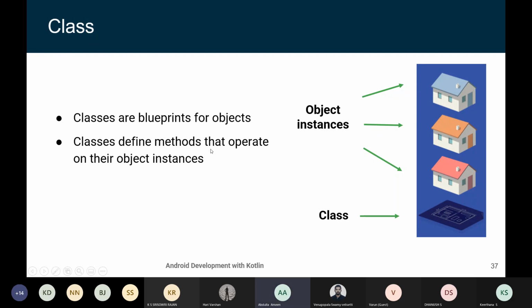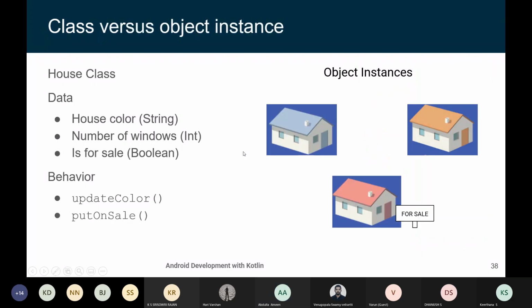It'll have different methods. We say methods when an object has specific functions, and they have attributes to it. What's the difference between a class and an object?